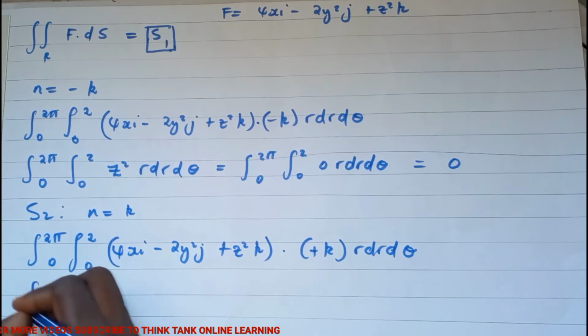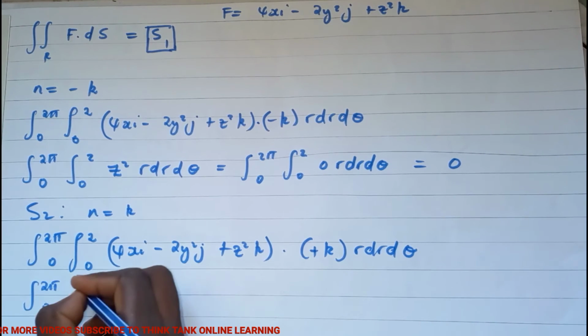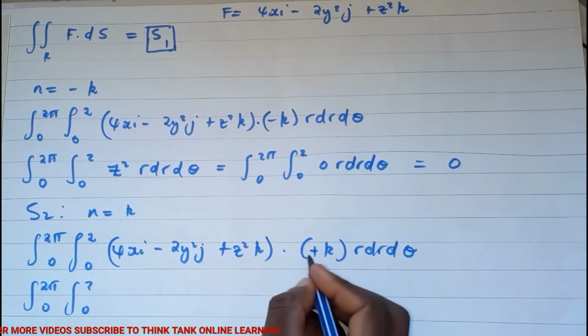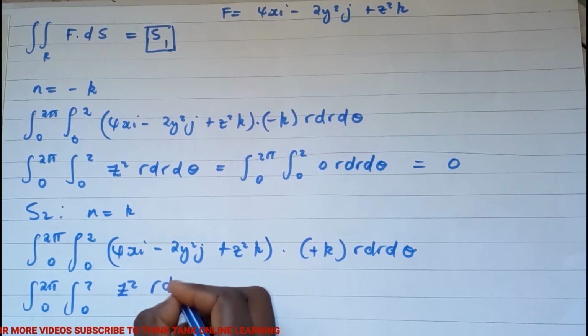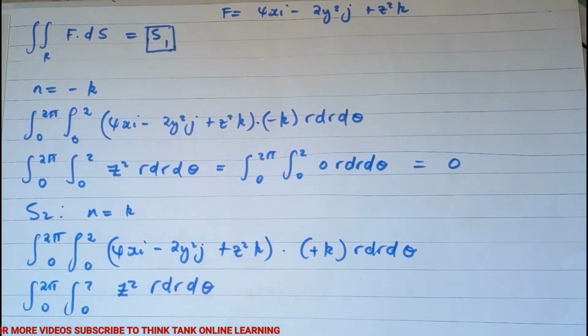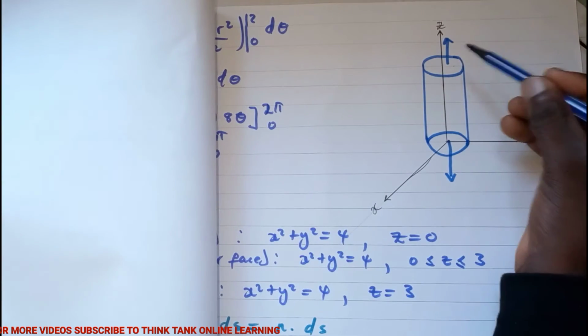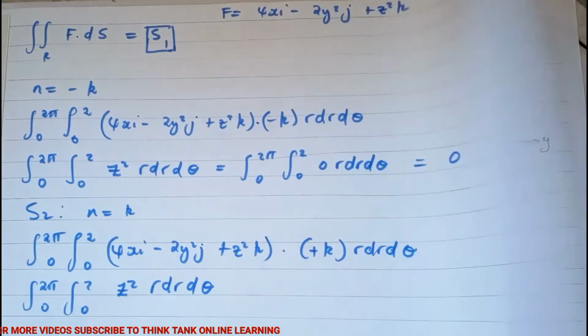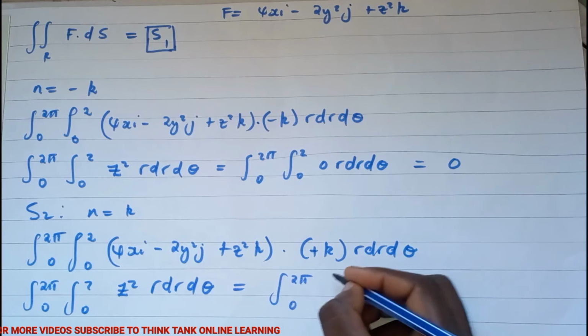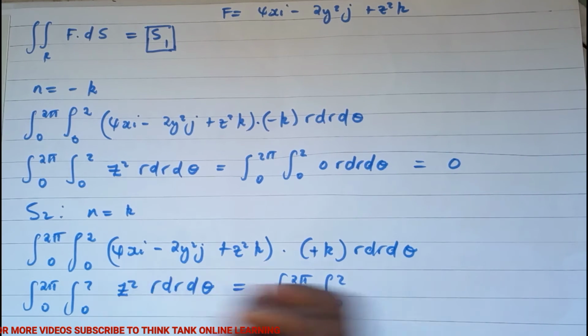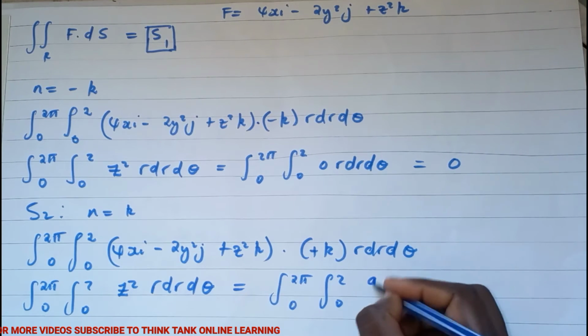So we're going to have the integral from 0 to 2 pi, 0 to 2, and if we multiply here, we're going to get z squared r dr d theta, and the z here is not equal to 0, z is equal to 3. So we're going to have 3 squared, that is 9, times r.